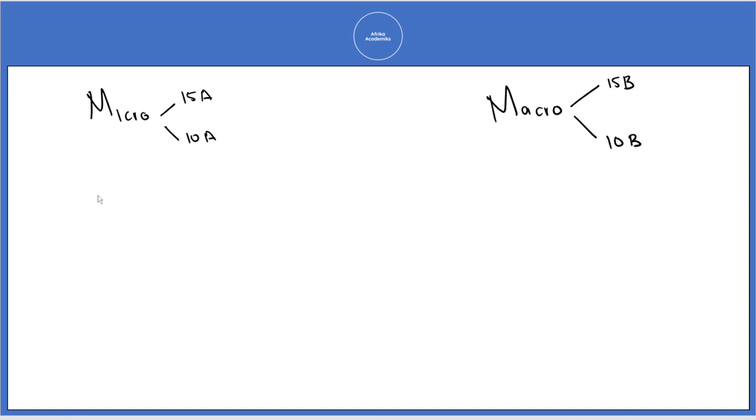Okay, so in micro, remember the word micro refers to something small, right? I think there was a time we used to have a micro SIM, which is the smaller one. Now I think we have nano, right? So micro refers to something small. So under micro, you'll be focusing on individual parts of the economy.